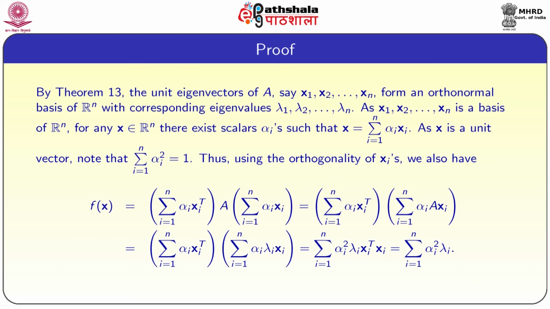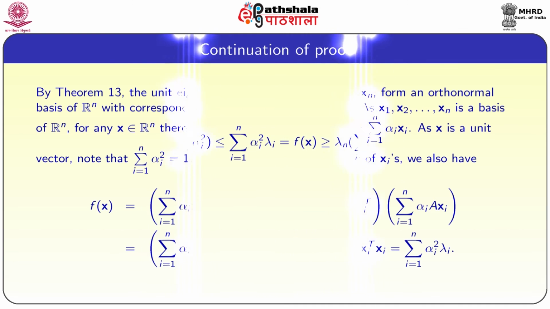If you simplify further, using that xi is an eigenvector of A corresponding to eigenvalue lambda i, we get the sum over i of alpha i square lambda i xi transpose xi, but the xi's are orthogonal vectors, orthonormal in fact. So we have the sum over i from 1 to n of alpha i square into lambda i.